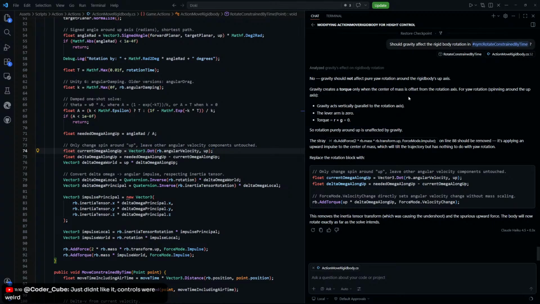We don't have a center of mass that is offset. No, I don't think so. Is this one actually messing that up?